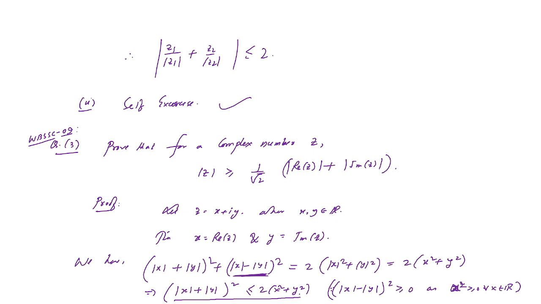So from that we can write mod x plus mod y is less than or equal to root of 2 into (x square plus y square). So in the next line we can write it as (mod x plus mod y) by root 2 is less than or equal to the square root of (x square plus y square).